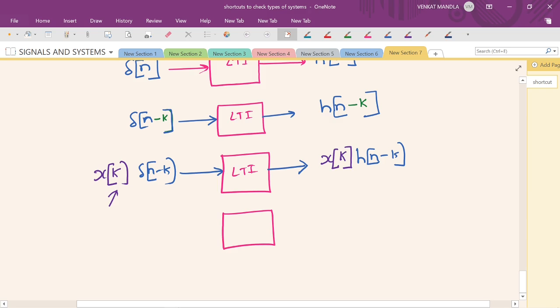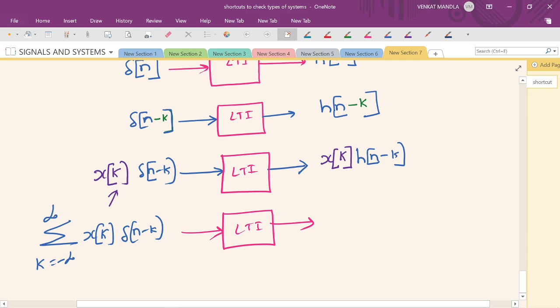Now, the linear time invariant system. Here x of k delta of n minus k, I will sum this, k equal to minus infinity to plus infinity.